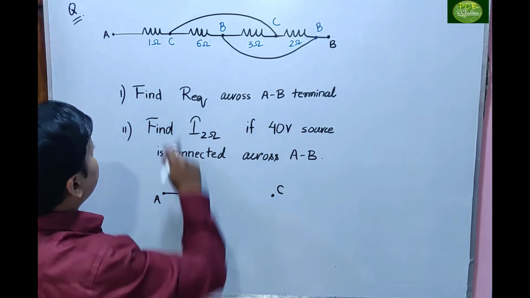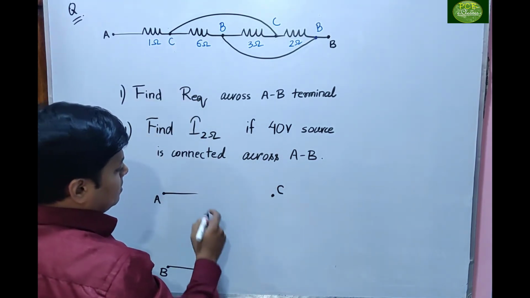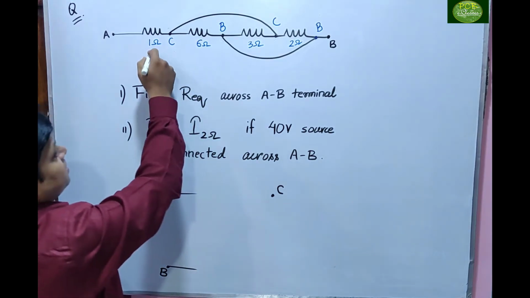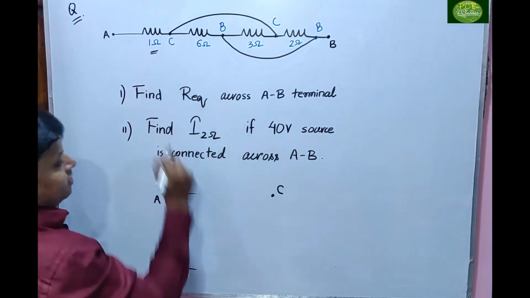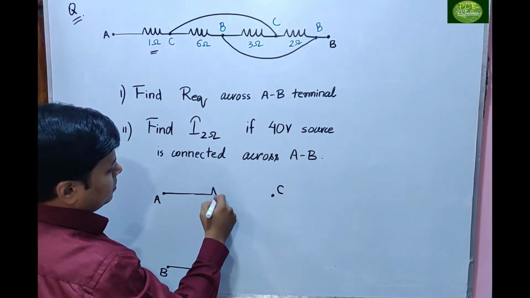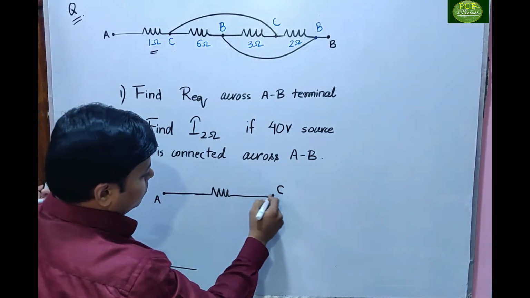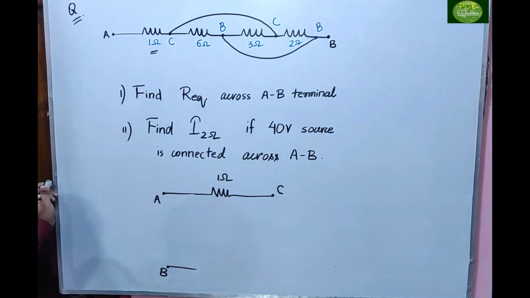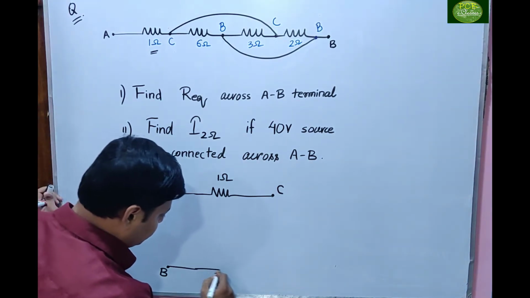This is C. From A to C, what is the resistance present? You can see here. A to C. What is the resistance present? 1 ohm. So I am placing here 1 ohm. Fine. This line is for the B.